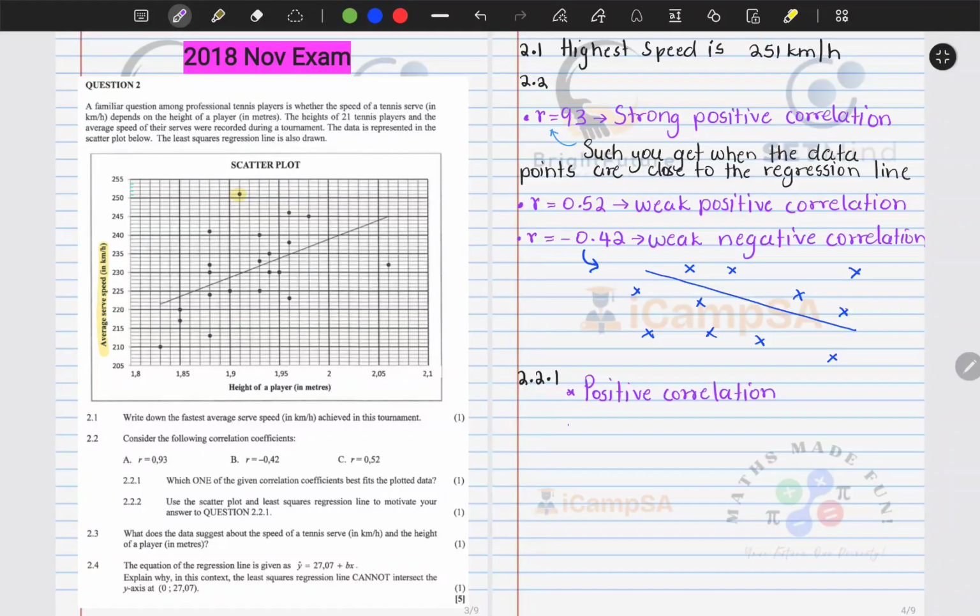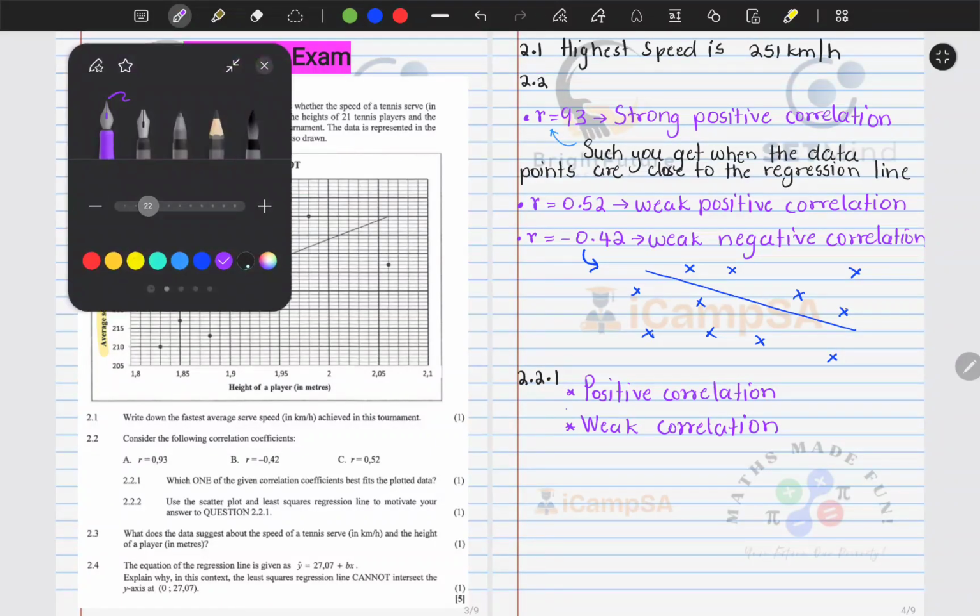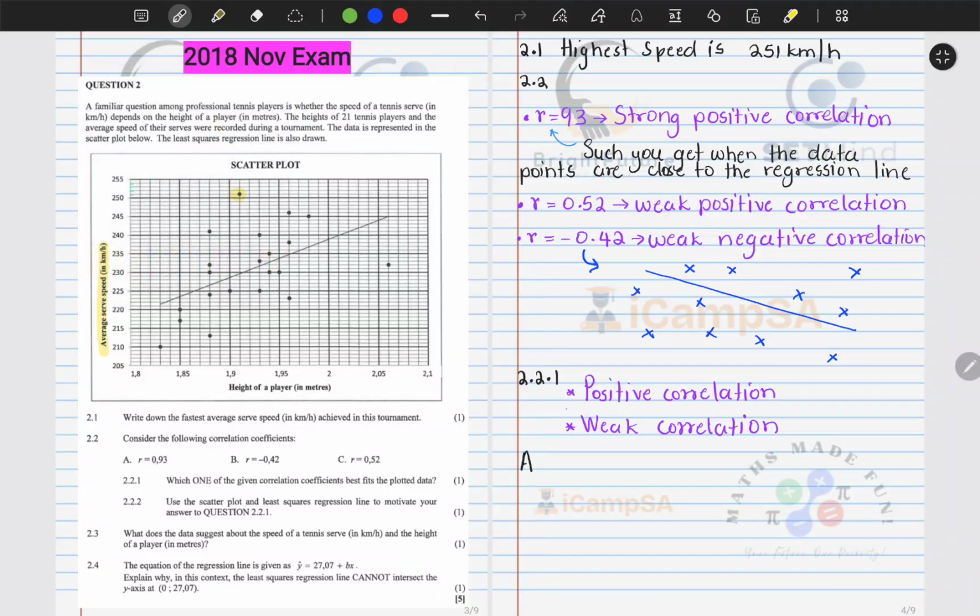But also looking at how this data is related, we can tell that we have a weak correlation. So we can take our answer. We have 0.52, which is a combination of the two. So our answer here becomes C, where C is R equals 0.52.